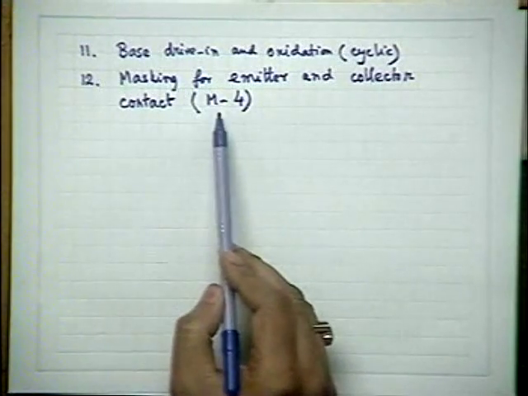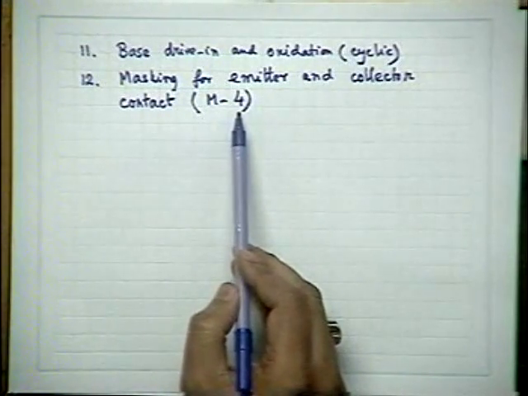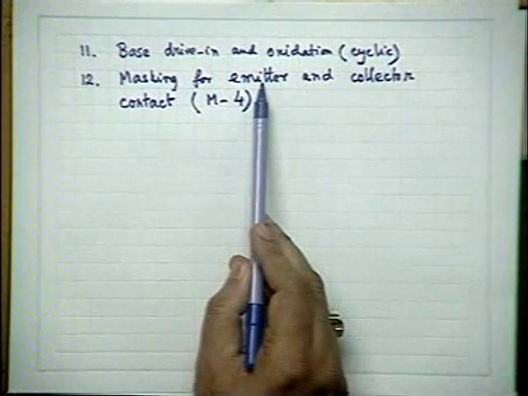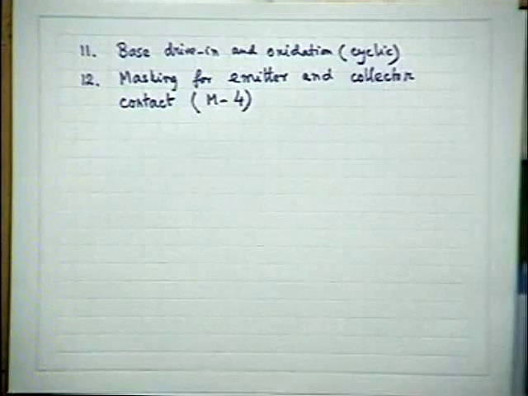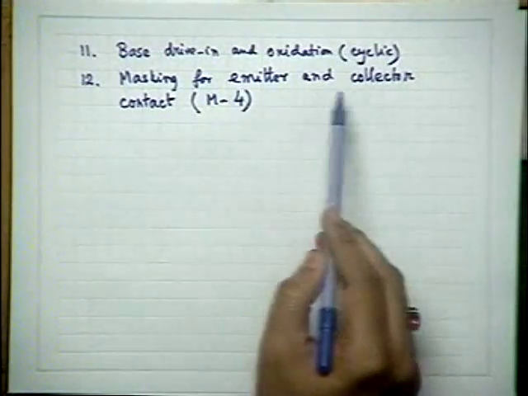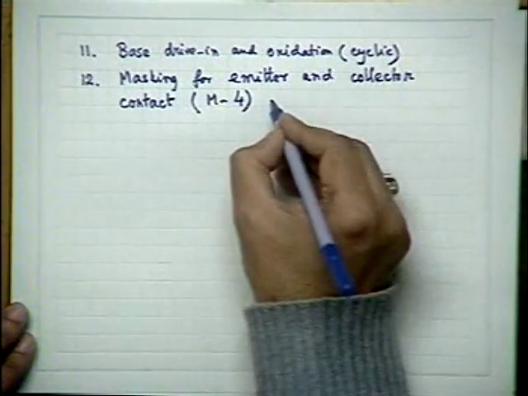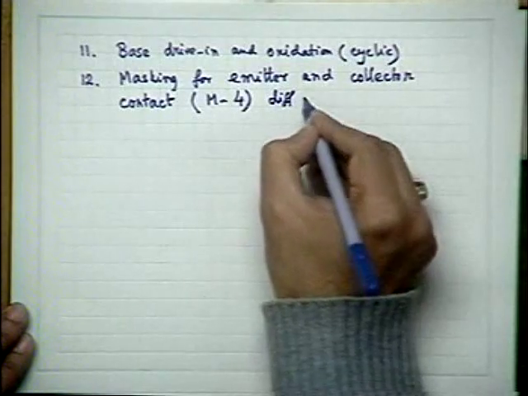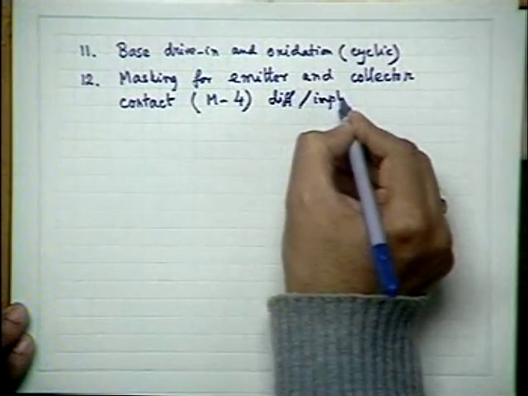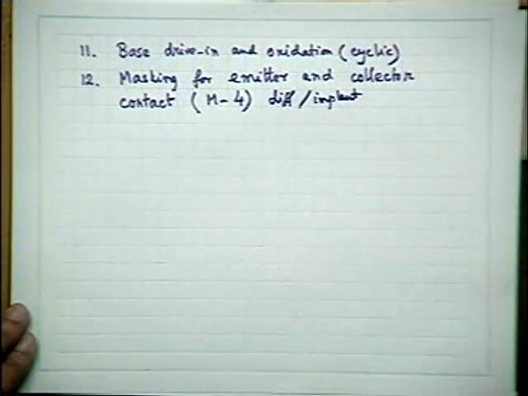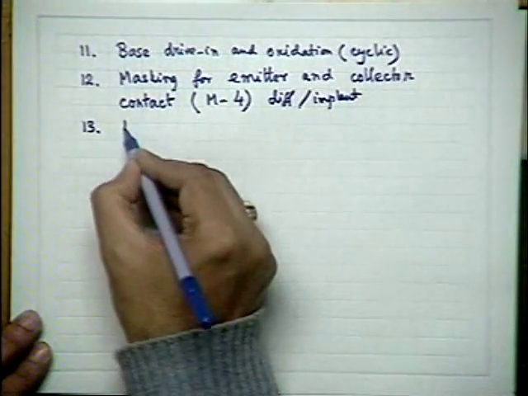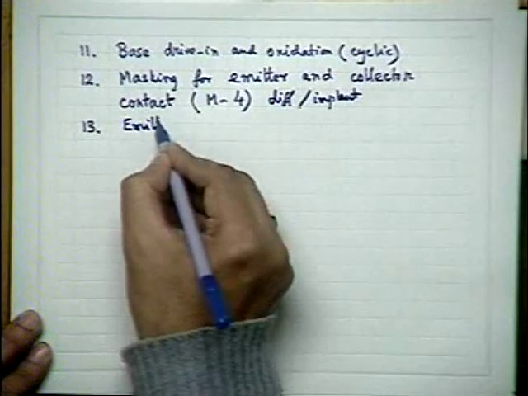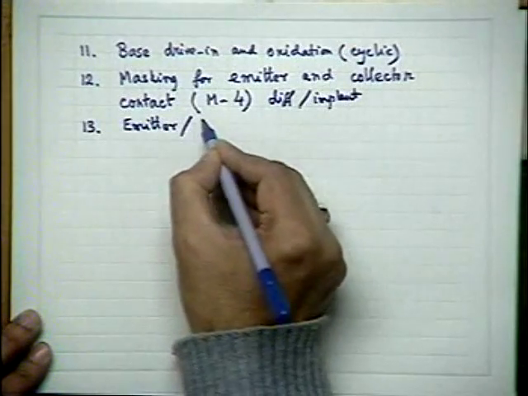Then you use the fourth photolithography step for creating windows for emitter diffusion and collector contact diffusion. Emitter and collector contact diffusion, implant.